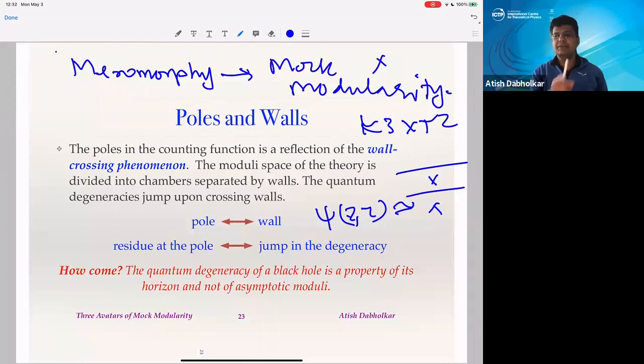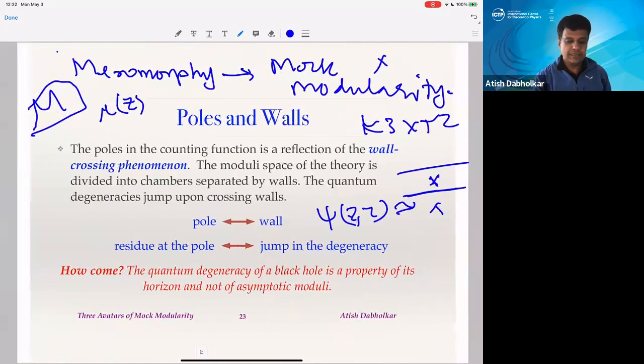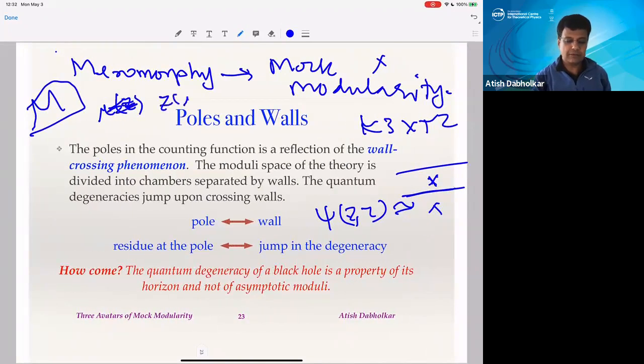However, that jump in the degeneracy, you can actually relate exactly to, so there is a moduli space M, okay, with some moduli mu. Those moduli depend on this coordinate Z in a very specific way, or actually the other way around, the Z depends on the moduli in a very particular way. So as you move around mu in the moduli space, Z also moves. And when you cross the wall in the moduli space, you cross a pole in the Z plane.